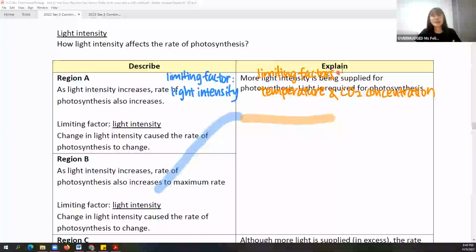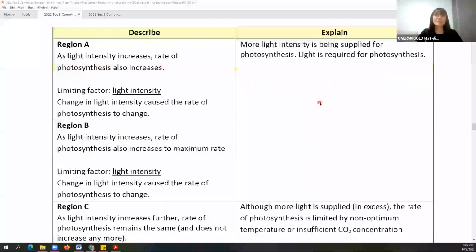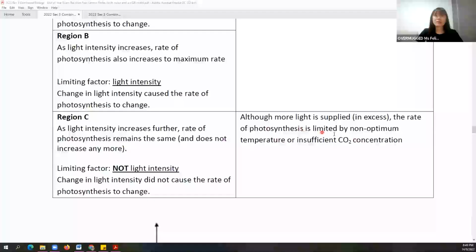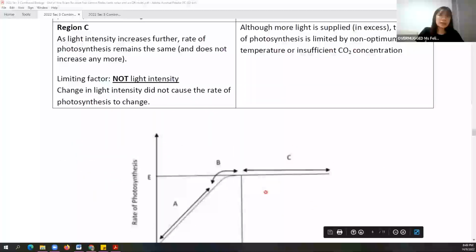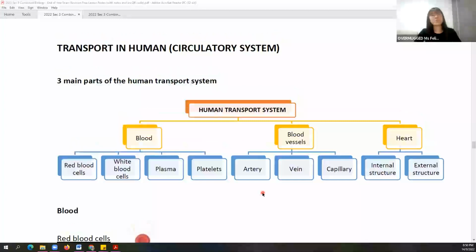It is the explain part where you need to know the keywords. The explanation will be because you need light for photosynthesis. Then for this part over here, it is because it is limited by other factors. So that will be the explanation. With that, I think I am done with this topic.